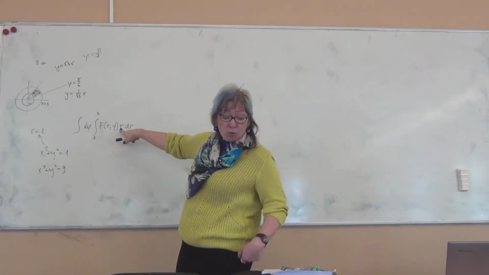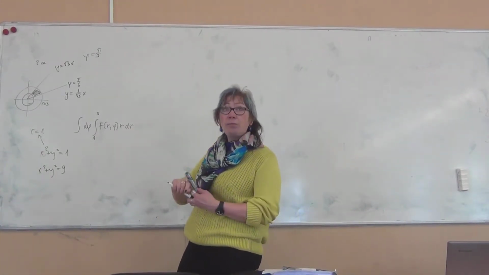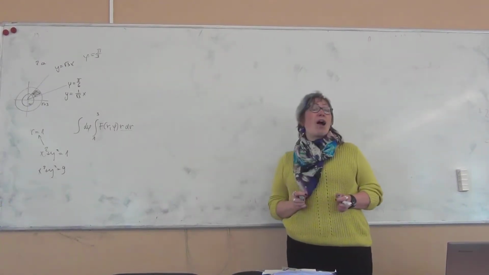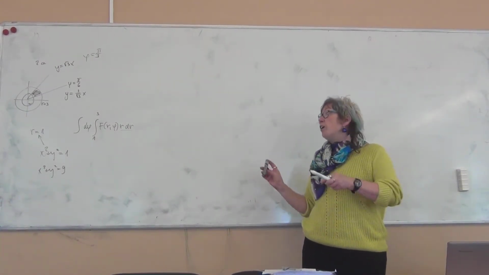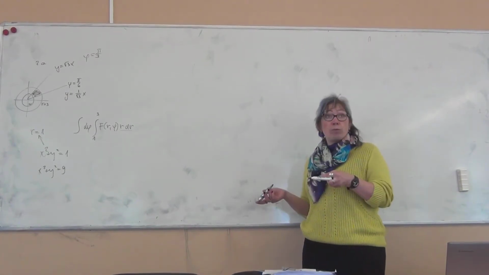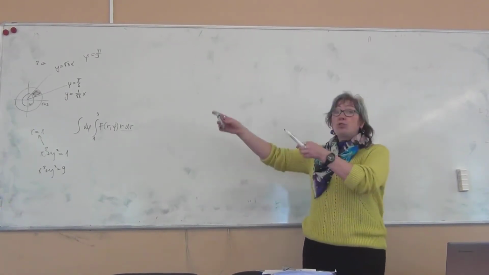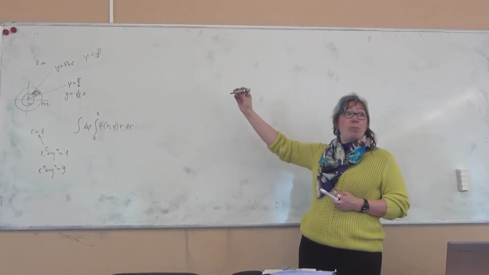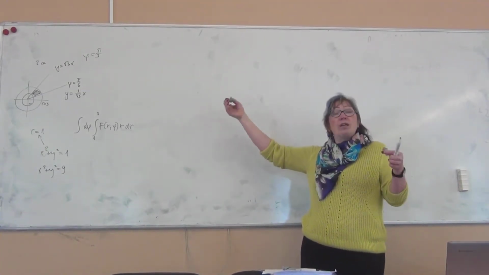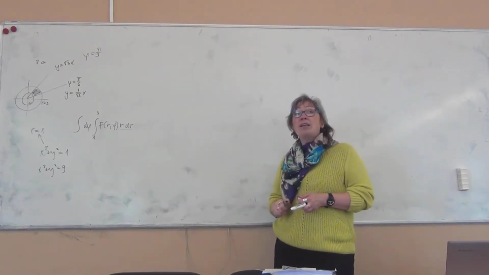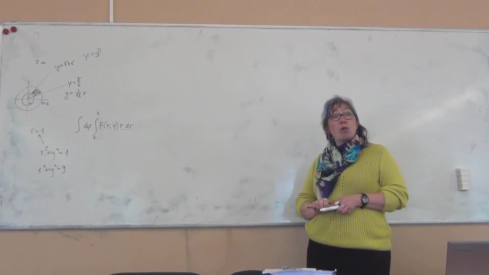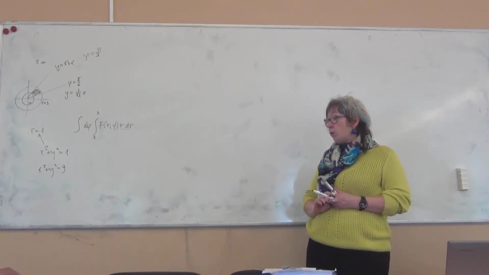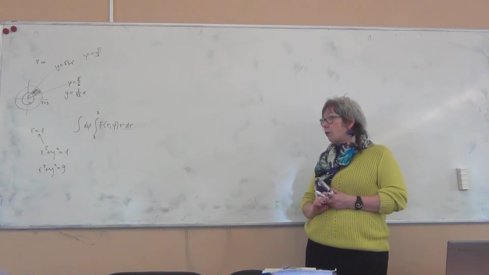I'm reminding you about this extra r in the polar coordinates. This extra r happens only when we transform the integral from Cartesian to polar form, because if you have an integral in the polar form, obviously it's already counted in. So only when we transform, we put this extra r.